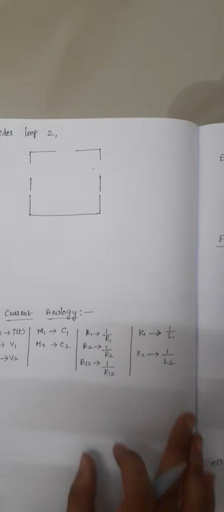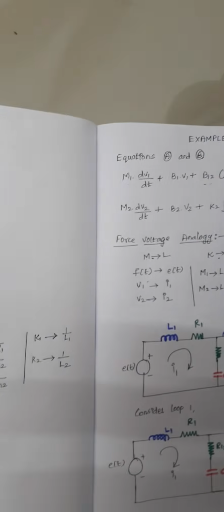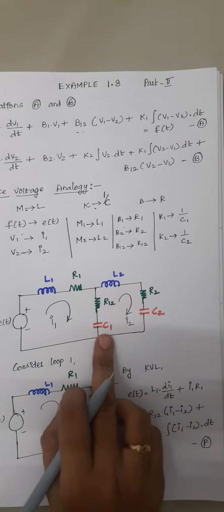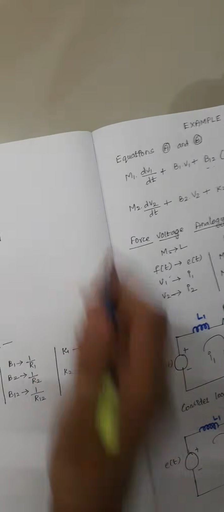The second one is, now we are going to consider our loop 2. So again in loop 2, just from this expression we are having 5 elements in loop 2. Just let me draw these 5 elements here.